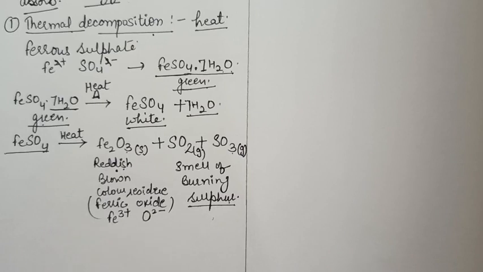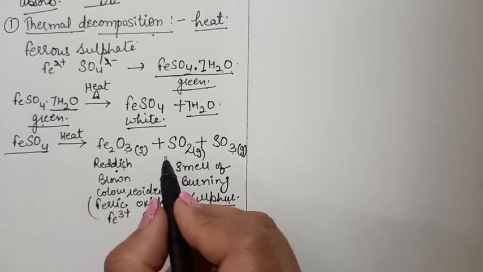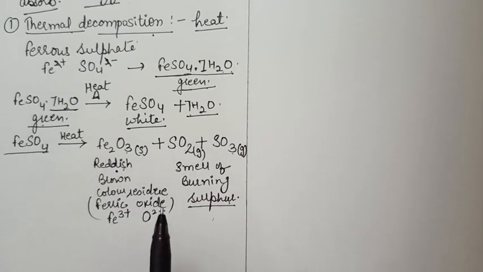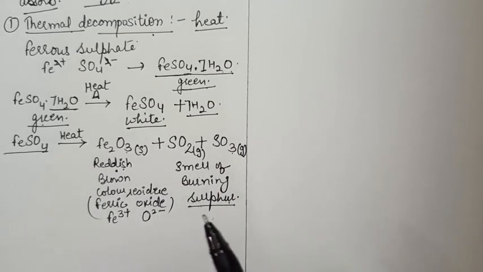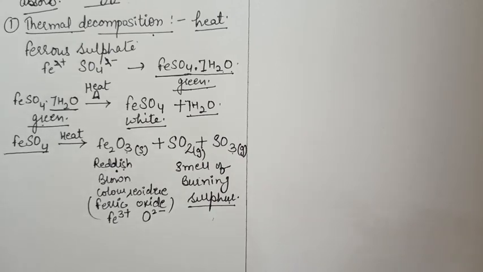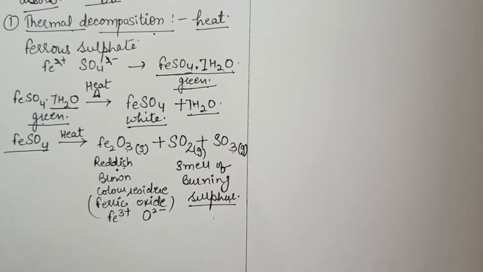On the heating of any sulfate salt, SO2 and SO3 are produced and the smell of burning sulfur is produced. These are the observations in the exam. The question may be asked, if we are heating any X salt, and the smell of burning sulfur is there, then identify the X and the gases that are producing the smell of burning sulfur. So these types of questions may be asked in the exams.